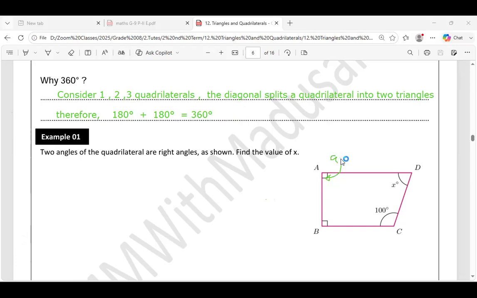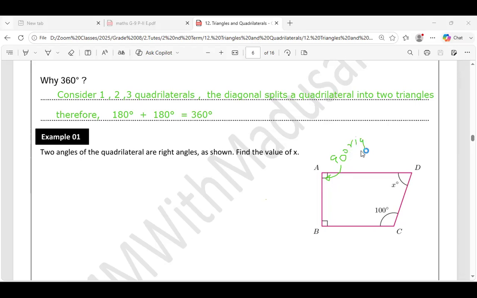Super, 90 degrees. Can you say a different name for that 90 degrees? Right angle. Excellent, it's the right angle.